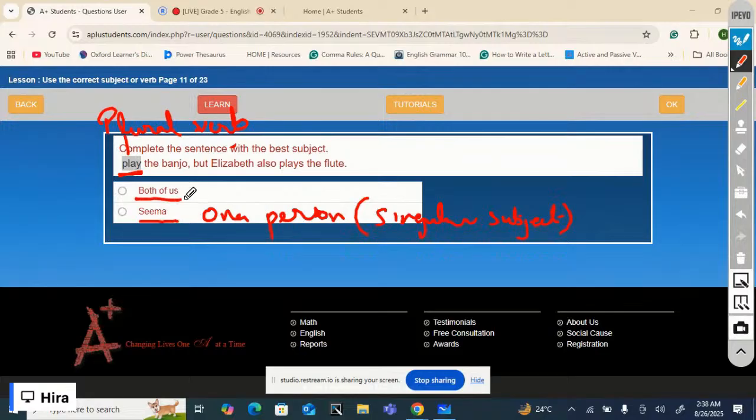Both of us means more than one person, so it is a plural subject. Now it's equal. Plural verb, plural subject. Both of us play the banjo, but Elizabeth also plays the flute.